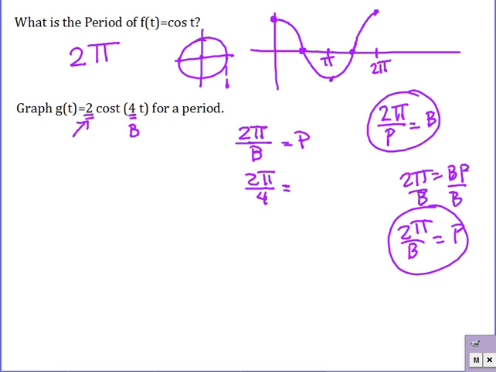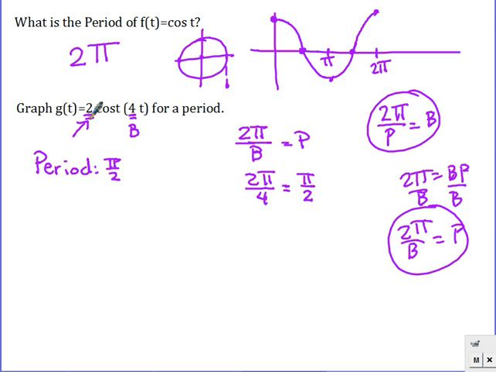So 2 pi divided by 4 simplifies and we get pi over 2. So our period is pi over 2. Okay, this is important. Period is pi over 2.